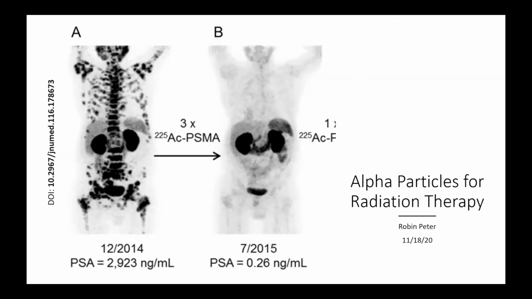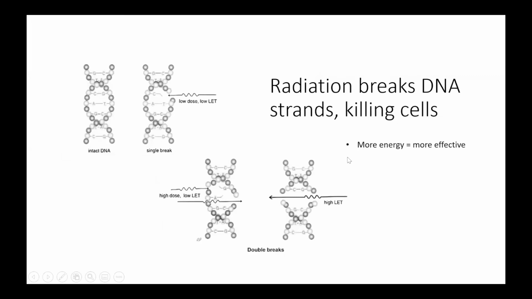Hello. I'm Robin, and this is going to be my 1-minute reason on why we use alpha particles for radiation therapy over other things. Radiation therapy, as you might know, is a method of cancer treatment. It's an alternative to surgery or chemotherapy. The basic mechanism is that radiation has energy and it deposits and breaks DNA strands, and this kills the cells.